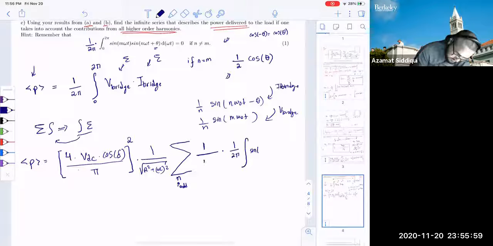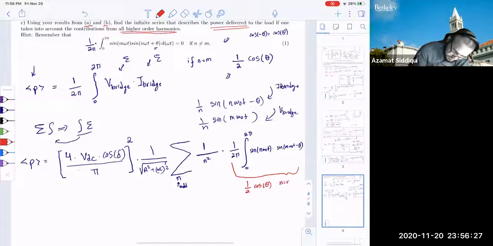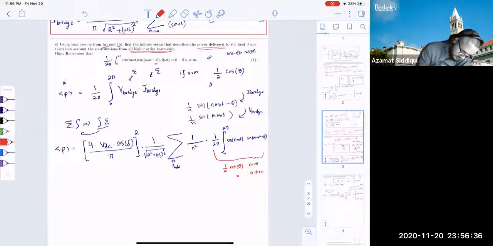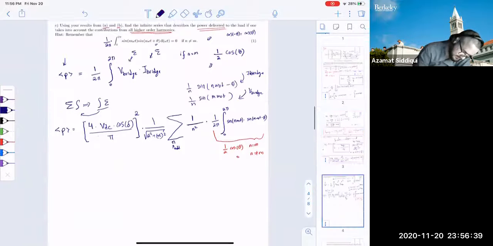So 1 over n squared times sine of n omega naught t times sine of n omega naught t plus or minus theta, from 0 to 2 pi, and we know this evaluates to one half cosine of theta when n is equal to m and 0 if n is not equal to m, based on the hint.